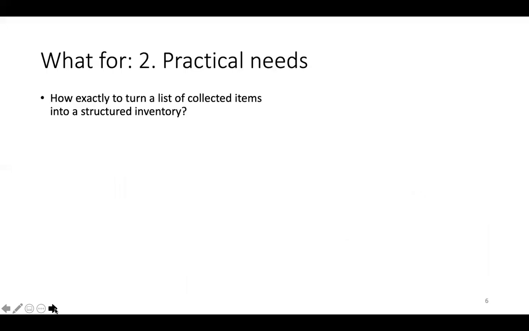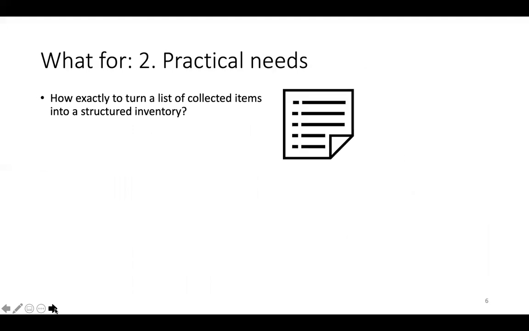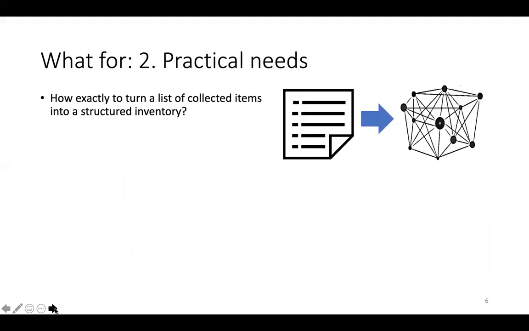We need to classify constructions in order to turn a list of collected items into a structured inventory. How exactly can we do this? This is a practical challenge that all existing constructicons face. How do they classify constructions in terms of semantics?